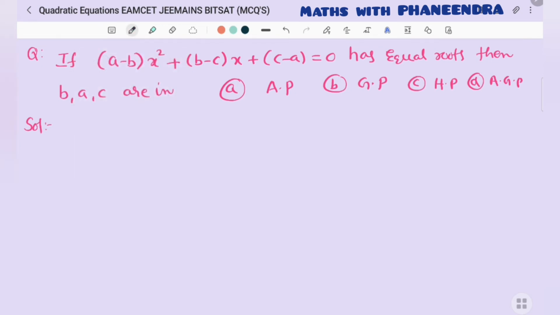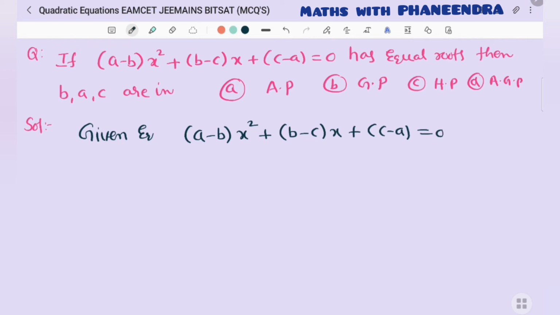So first you write the given quadratic equation: a minus b into x square plus b minus c into x plus c minus a is equal to 0. This is the quadratic equation, dear students.